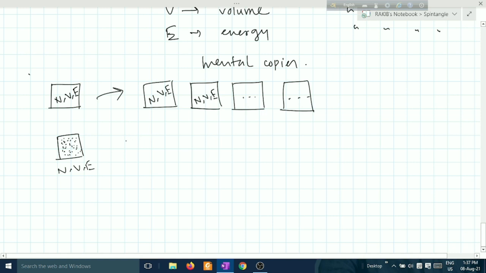So what we can see is that if N is constant, that means the walls are impermeable.